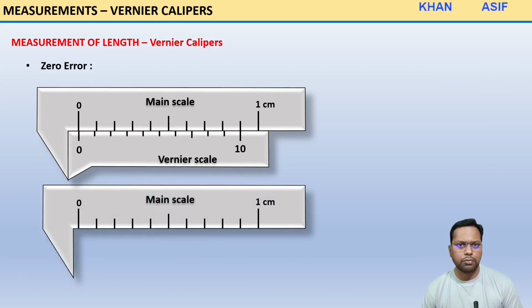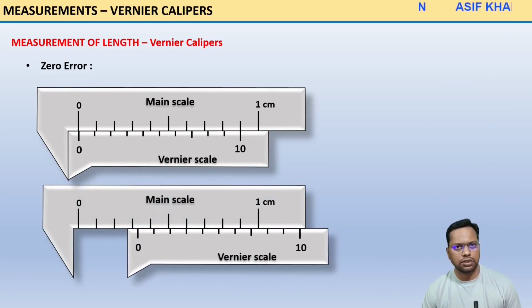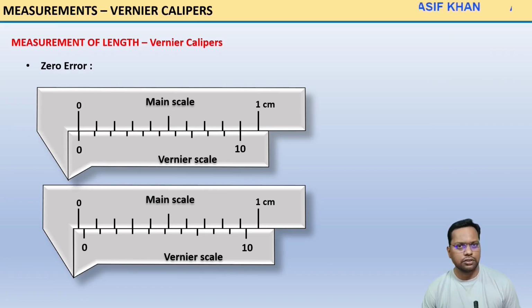In the case of a positive zero error, when the two jaws are in contact, the zero line on the Vernier scale is on the right side of the zero line of the main scale. So in this case, the Vernier calipers is said to have a positive zero error.